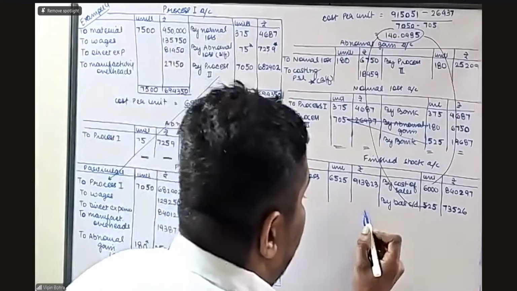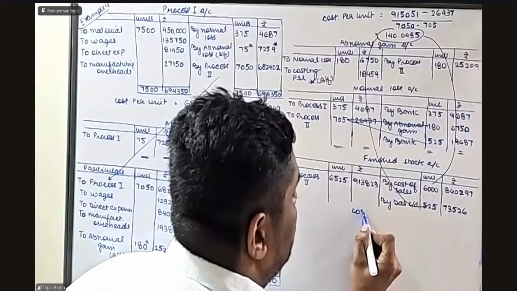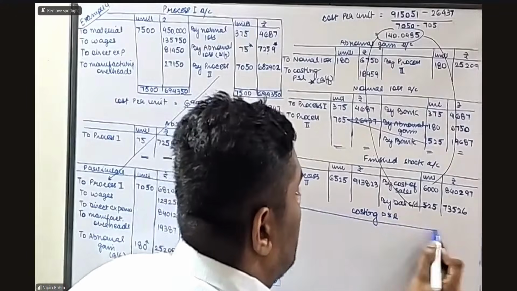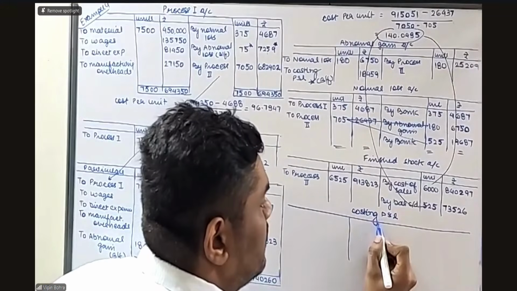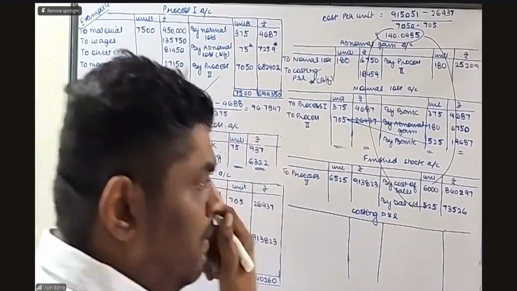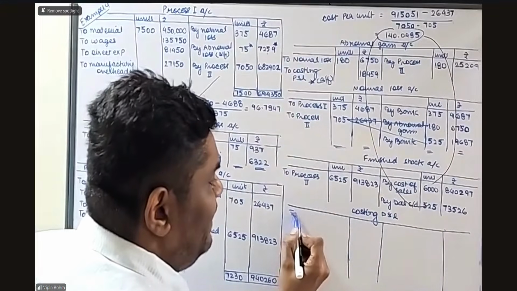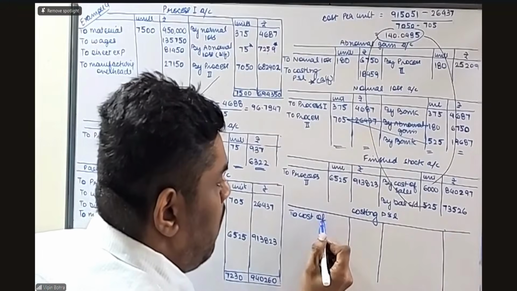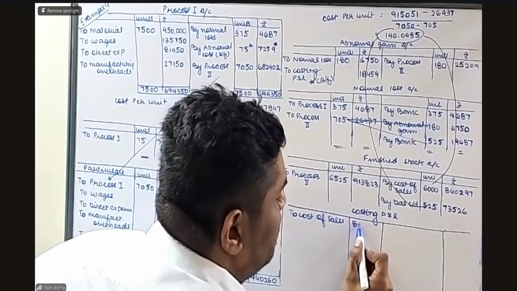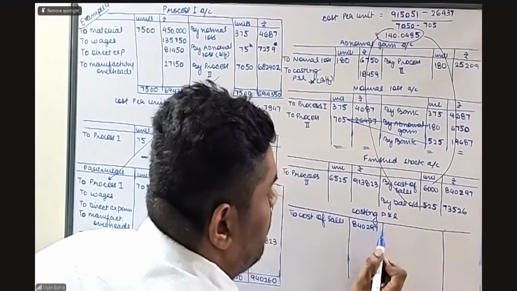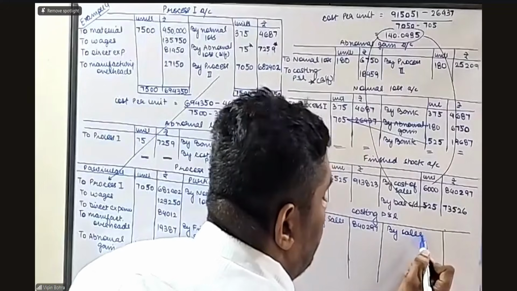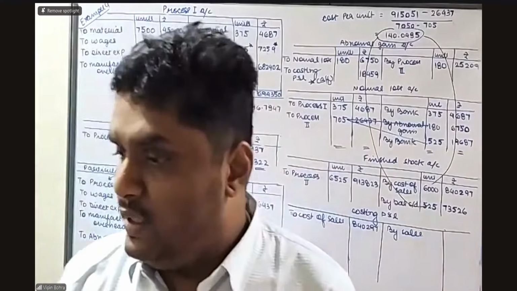So now let's prepare the profit and loss statement also. Now cost of sales we will write here, 840297. By sales we will write here the sales value.